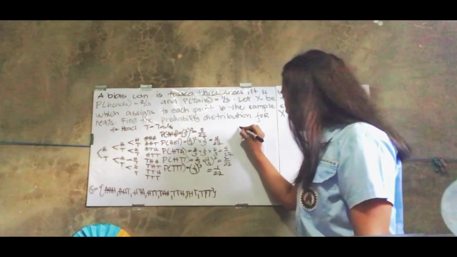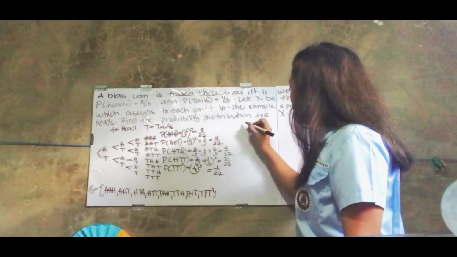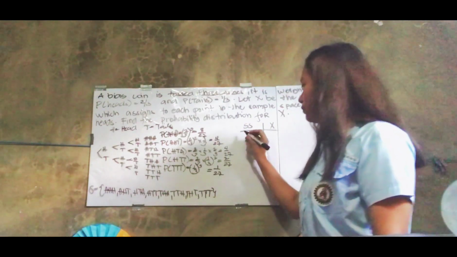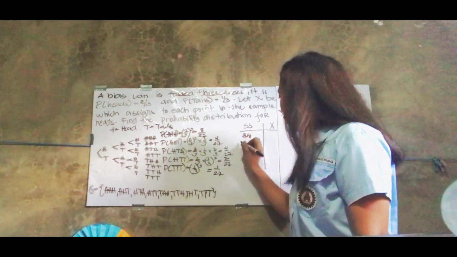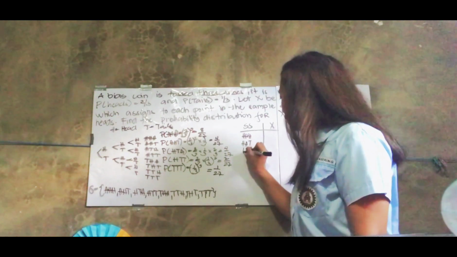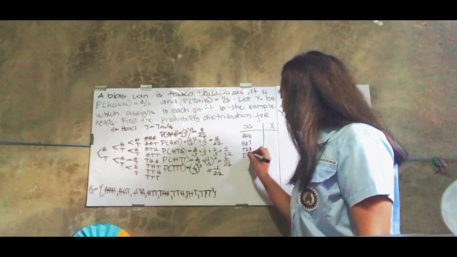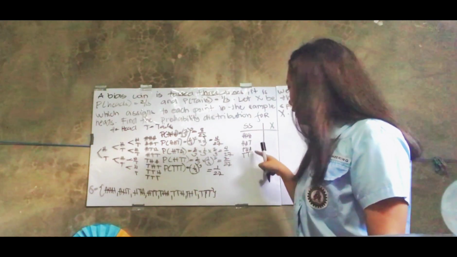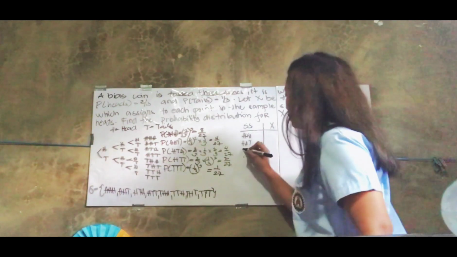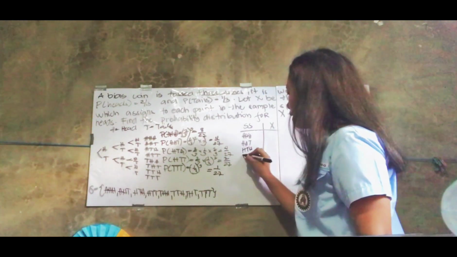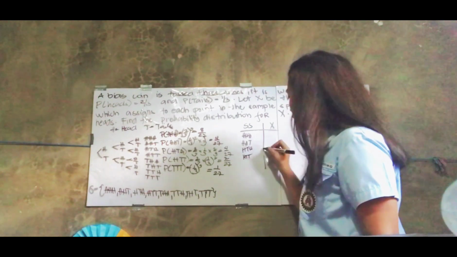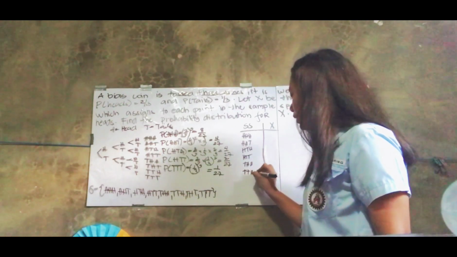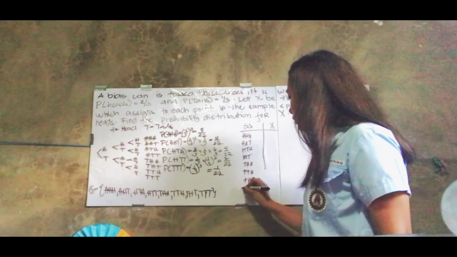The sample spaces we have here are HHH, HHT, HTH, HTT, THH, TTH, THT, and TTT.